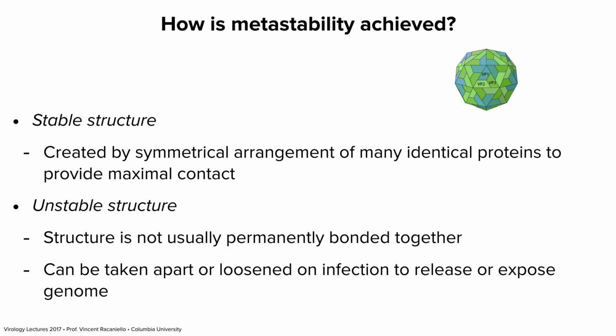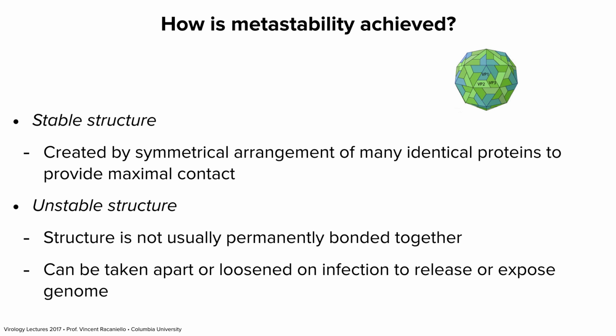An unstable structure results from that because those proteins are very rarely covalently bound together. You should never say never in science, because there's always an exception. But in virology, most of the time, the virus proteins that make up the particles are rarely covalently bound. So that means they can come apart readily. And that's how they come apart upon infection.